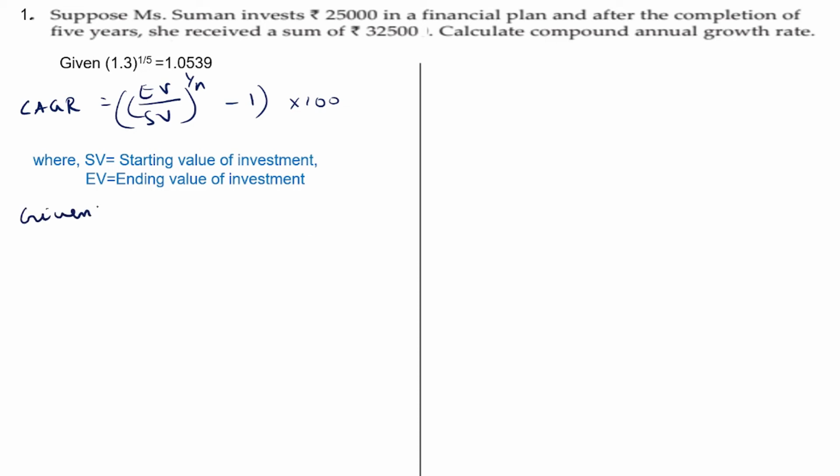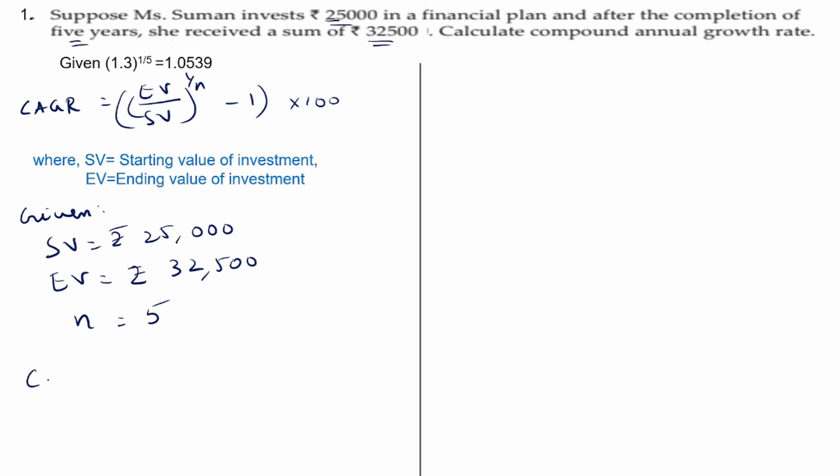So given the starting value was rupees 25,000 and the ending value was rupees 32,500, and the period for which we have to find the growth rate is 5 years, so n is 5.